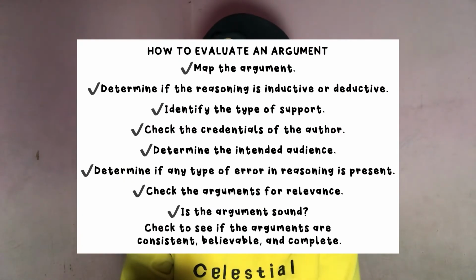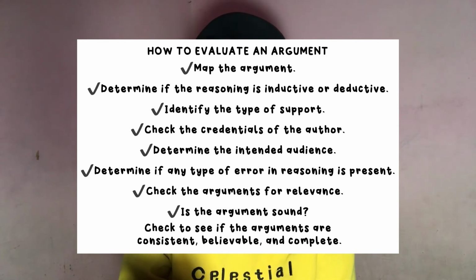The last is the tips on how to evaluate an argument. First, map the argument. Second, determine if the reasoning is inductive or deductive. Third, identify the type of support. Fourth, check the credentials of the authors.